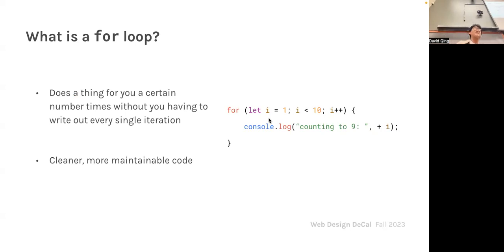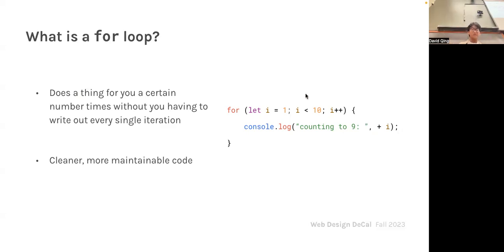This is very specific syntax, but what it's saying is that we are going to run the code inside of this 9 times over, counting from 1. We have this console.log saying counting to 9, and then adding on whatever the number i is.